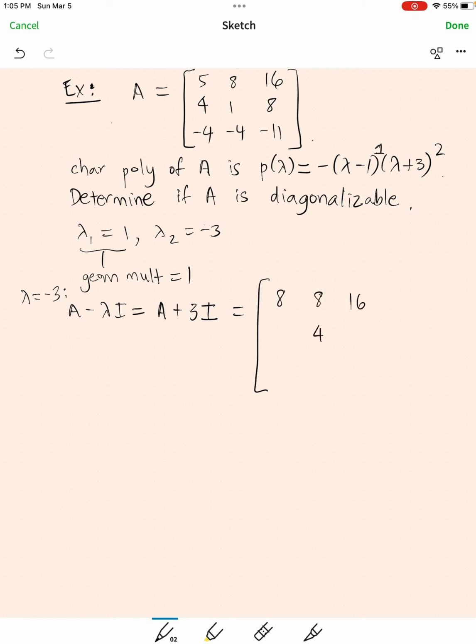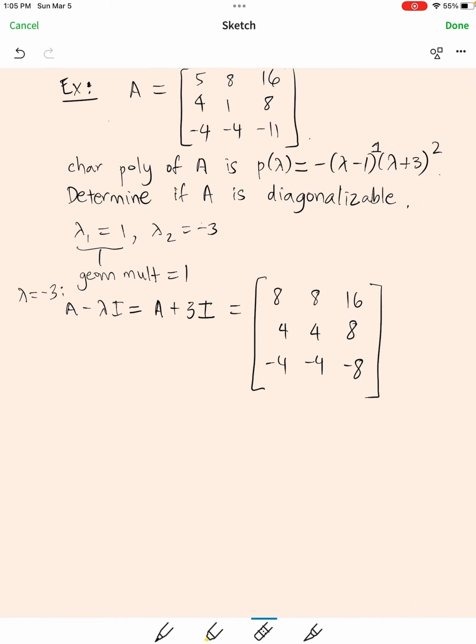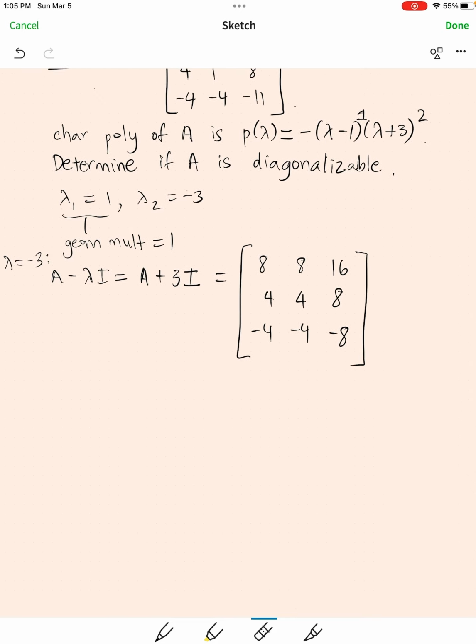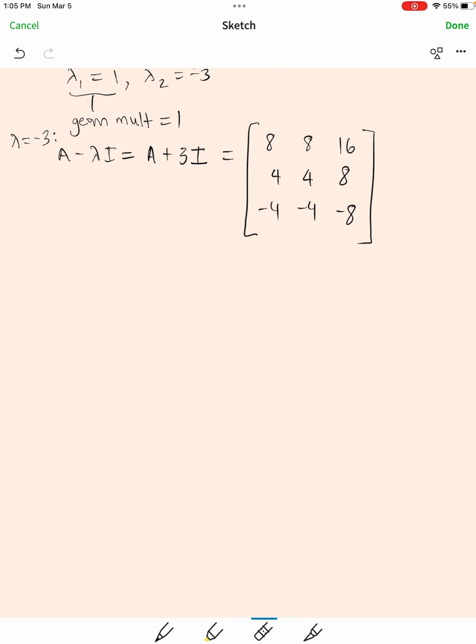You just add 3 to the diagonal entries. Okay. And of course, this matrix is invertible, right, as it should be. Sorry, it's not invertible, as it should be, because we know that negative 3 is an eigenvalue. This matrix has a null space. That's non-trivial. It's not invertible.